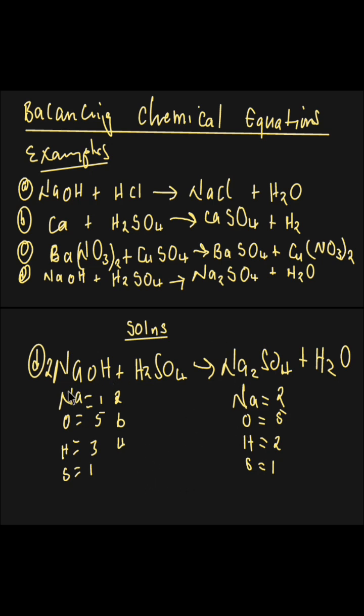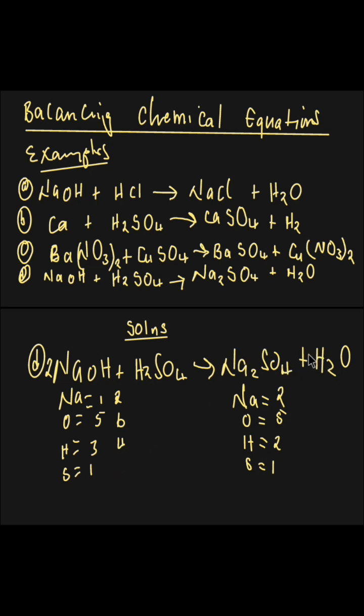So now that we have balanced sodium, we've also noticed that hydrogen is not balanced, and oxygen is also not balanced, so we need to balance them as well. Okay, so how do we do it? Let's try to balance hydrogen. Here hydrogen we have 4.